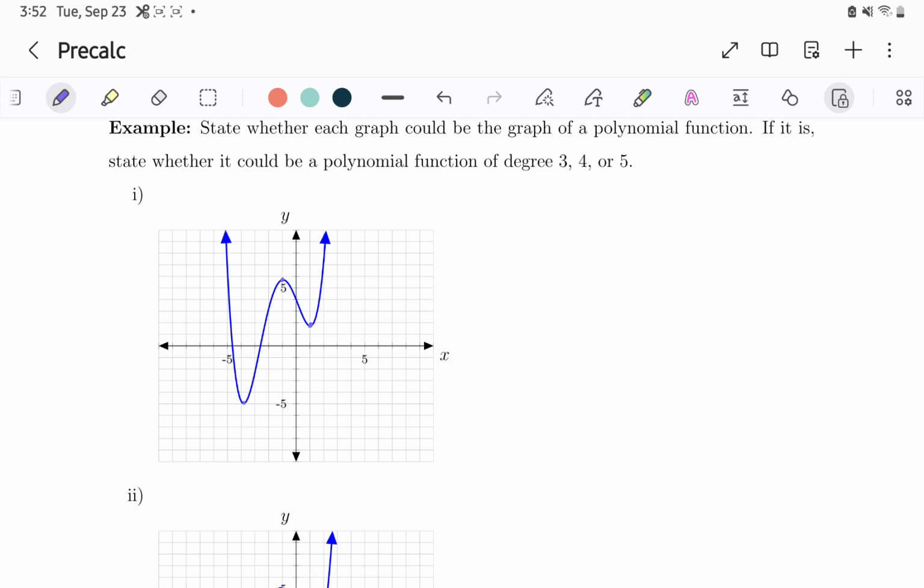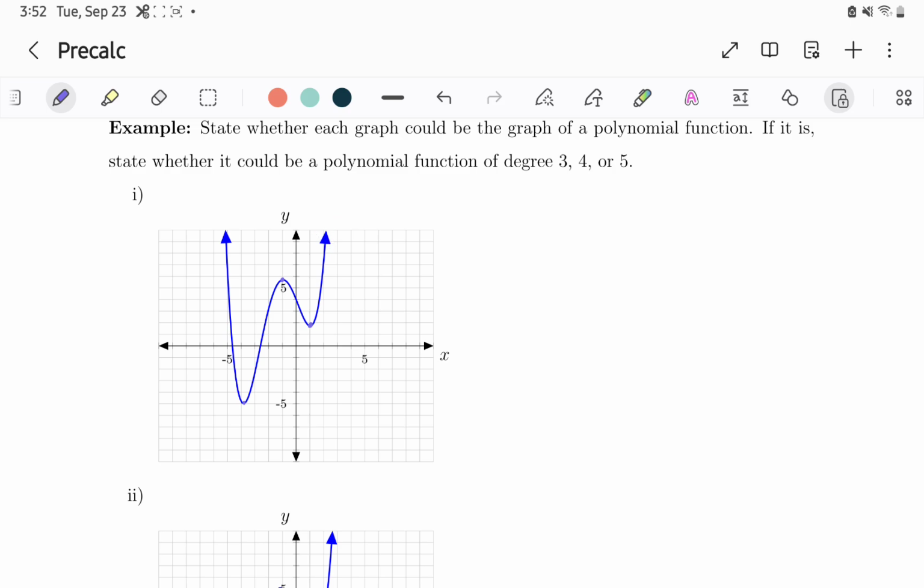So as x goes to positive or minus infinity, f of x is either going to go to infinity or to minus infinity. And here, as x goes to plus or minus infinity, we can see from the graph that f of x is going to go to infinity.